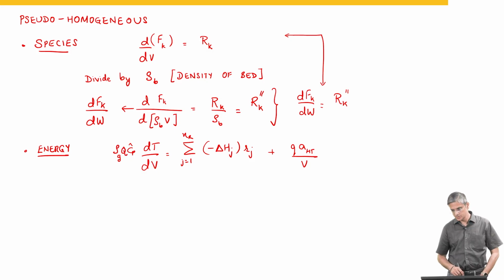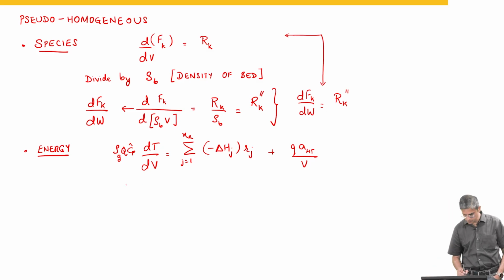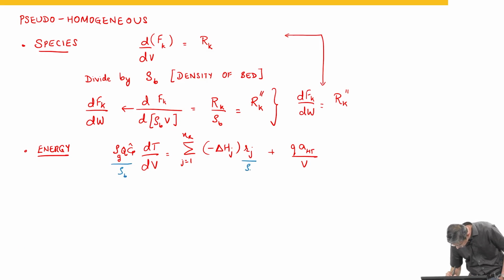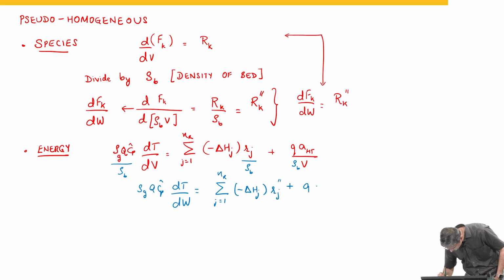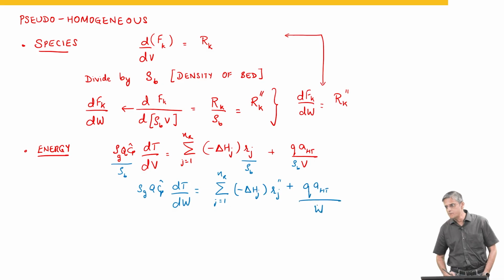If we divide this by rho b, we'll be able to write it in another form.